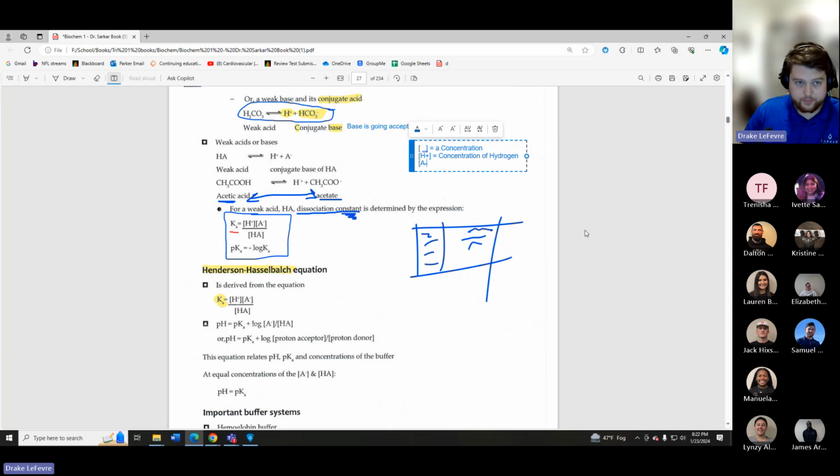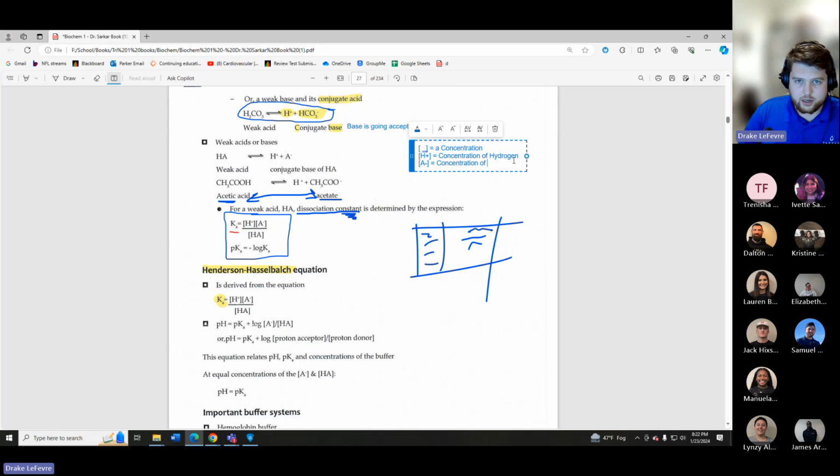Bracket A minus is the concentration of the acid. Nope, I lied. Let me double check. It's been a little while since I've looked at this equation. The Ka, acid dissociated K. Yeah, okay.